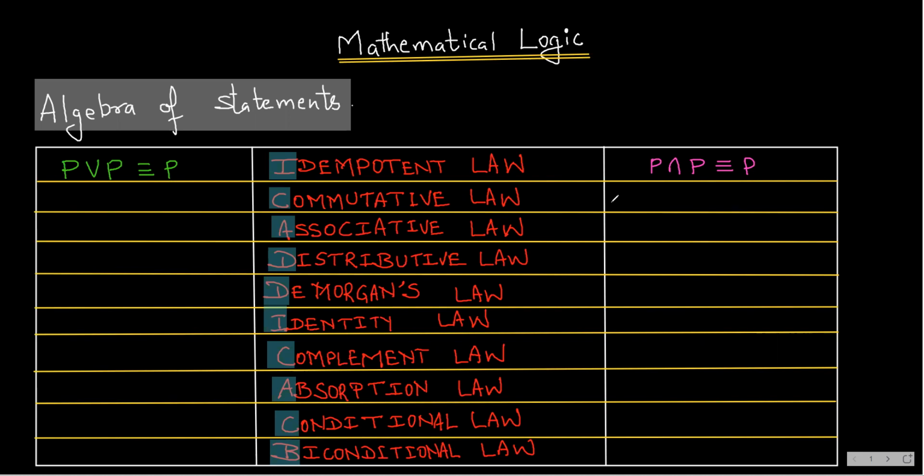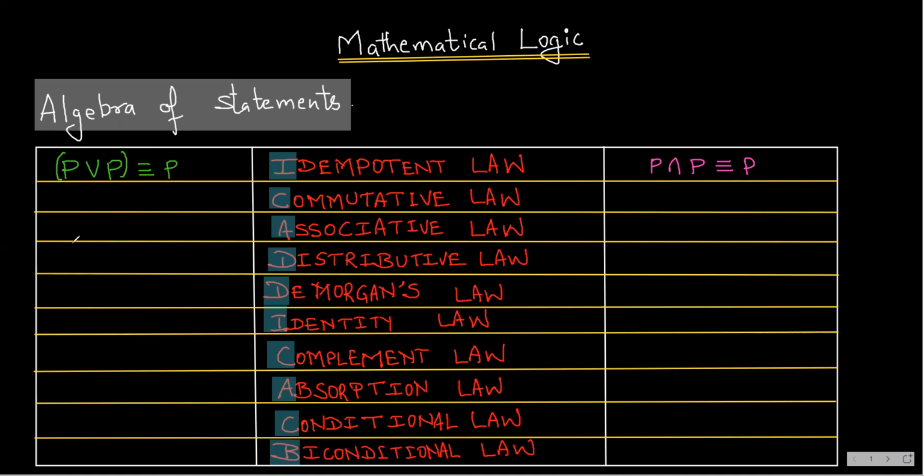So if you are wondering what does this mean, I will tell you the meaning of this. It simply means that if you have P or P, P disjunction P, then it is same as having just P. Why?